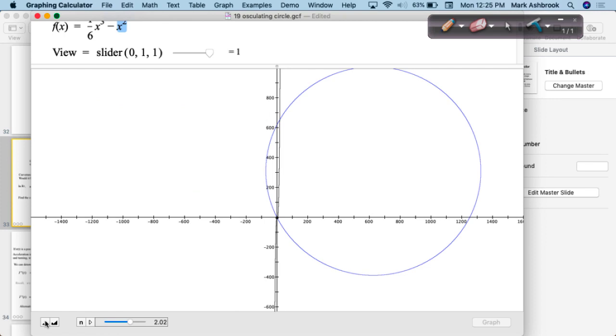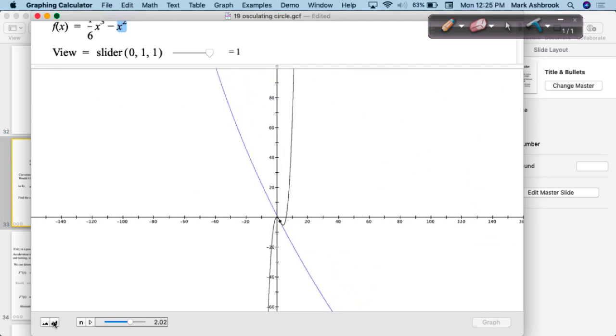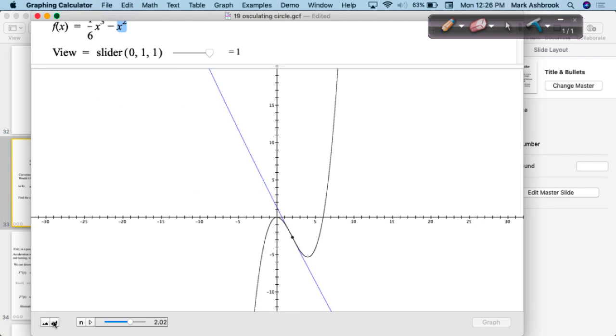Its radius is in the hundreds, like 600 or 700. It's so big because the curve is almost straight there. And then it gets super small again where the curvature is high. High curvature, low radius.